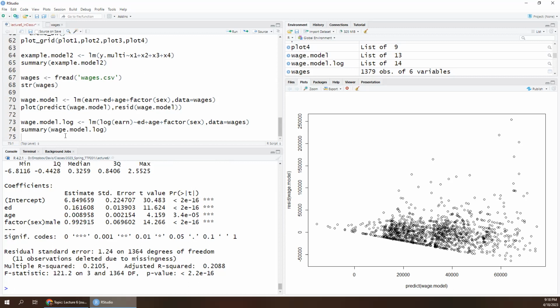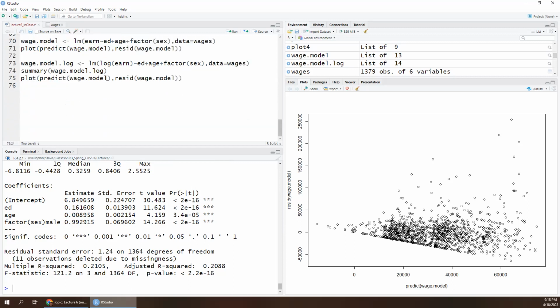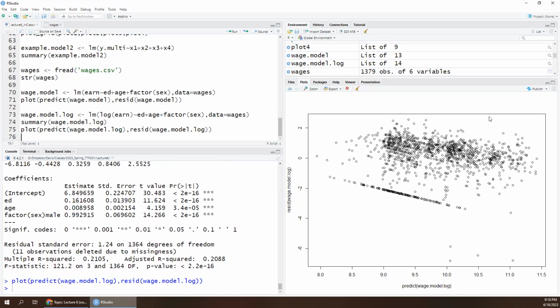And if I were to take a look at the residuals, I'm kind of curious to see what happens. Okay, so one of the things that I'll note is that the big spread that we're seeing at higher values of our prediction, or in other words, at higher earnings levels, is eliminated, which is good.